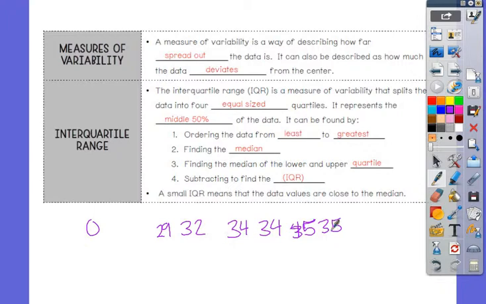Okay, if I found my median, and if I subtracted my smallest and largest, if it's closer to my middle number, then it's going to be a smaller value.